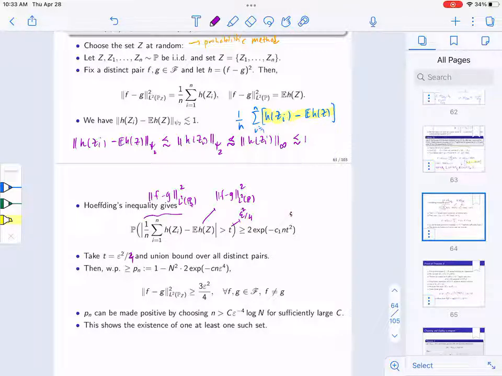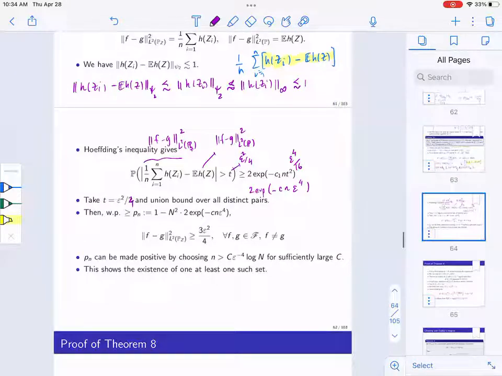This is going to be epsilon to the 4th times 16. And then 16 I can absorb into the constant. So this would be 2 e to the negative c n epsilon to the 4th, right? And so then I can take a union bound.